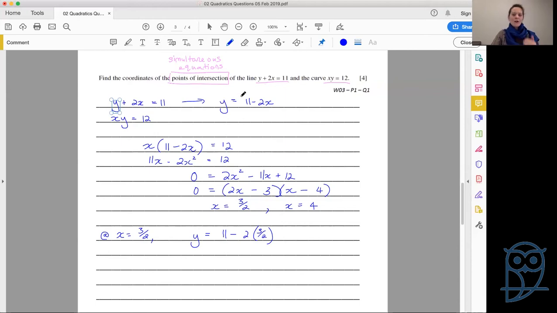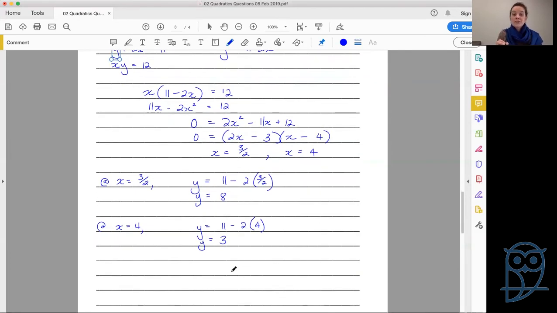So that's the easiest one to substitute into in order to calculate our y. So y equals 11 minus 3, which is 8. We're back at 8 again. So our first point of intersection we have there. Then at x equals 4, y equals 11 minus 2 times 4. So y equals 11 minus 8, which again gives us 3.